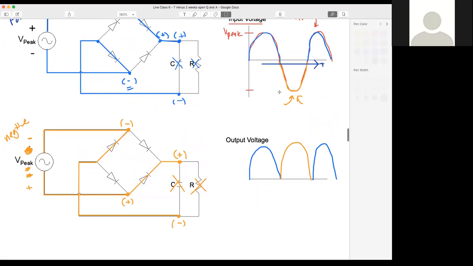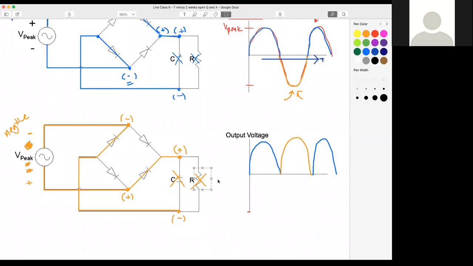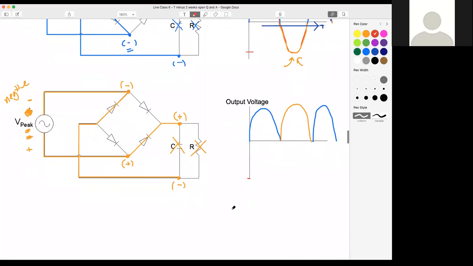So let's look at this capacitor. We're going to use our same output graph. Now, capacitors, essentially, can act like a voltage source, right?